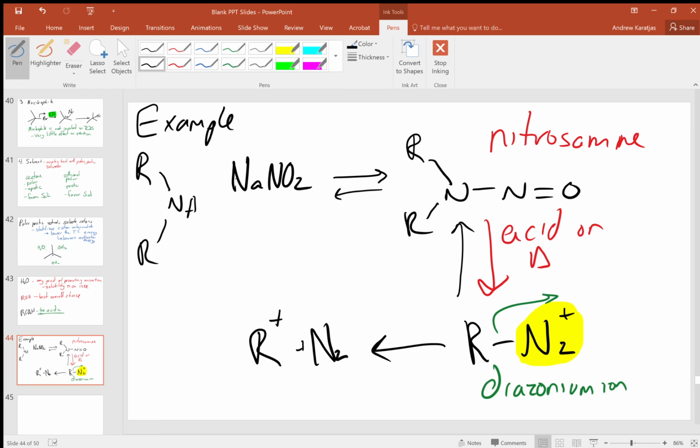This step isn't. Why not? Well, nitrogen is a gas. As soon as it leaves as nitrogen gas, it goes away. It evaporates. And so even if it wanted to react and be reversible, it couldn't, because it's not in the reaction solution anymore.